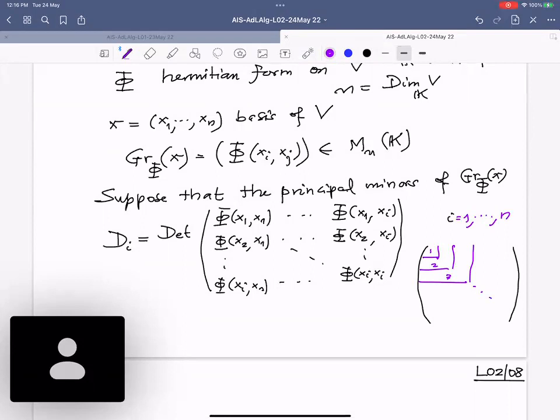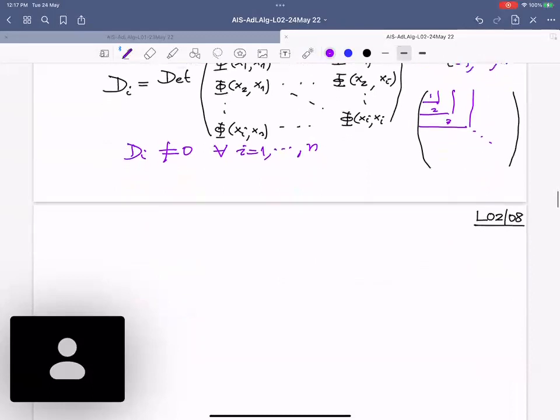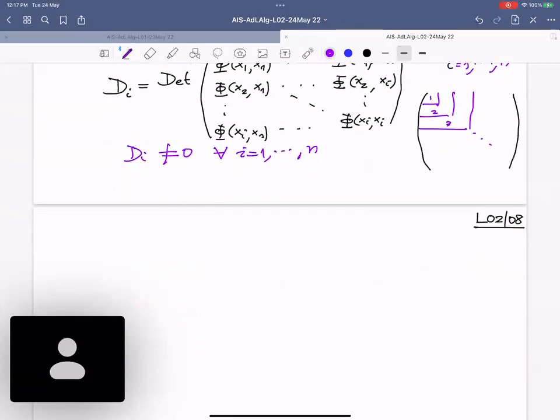And these Di are by definition elements in the field. And suppose we are assuming all are non-zero. Di are non-zero for all i from 1 to n. That is the assumption. In particular, we are assuming the Gram matrix has a non-zero determinant. Dn is the determinant of the Gram matrix.